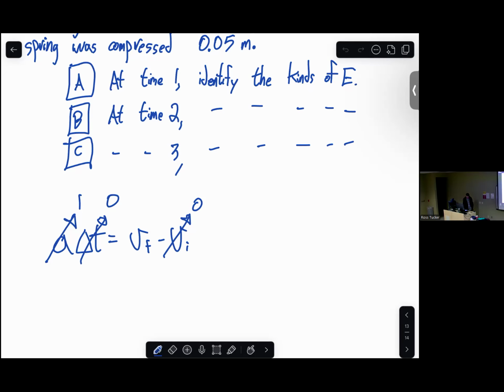At the instant that the cork has reached its highest apex, the peak of its ultimately 25 centimeter rise, what form or forms of energy do we have?